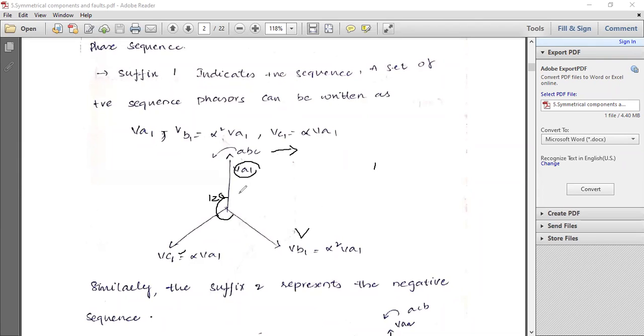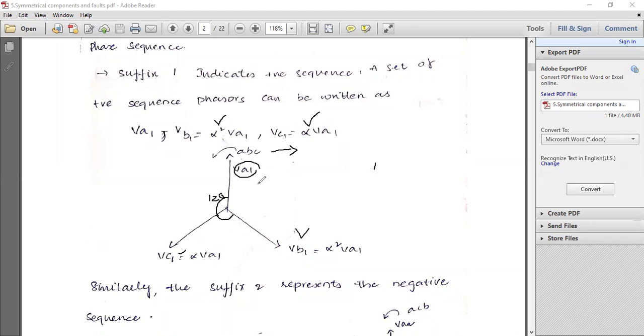And VC1 is VA1 at an angle of 120 degrees. So this is 120 and this is 240. That's why this can be expressed in terms of alpha square and this can be expressed in terms of alpha. So please don't get confused. Here VB lags VA and VC also leads VA.